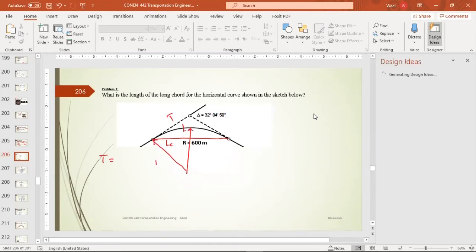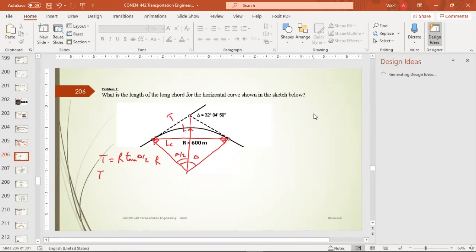So these are R. This angle is delta. This angle is delta over 2. This is perpendicular, and this is perpendicular. So basically the tangent equals R tan delta over 2.